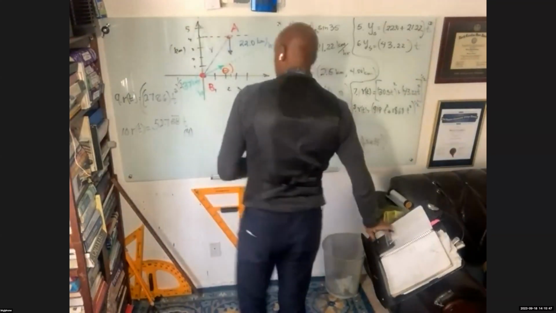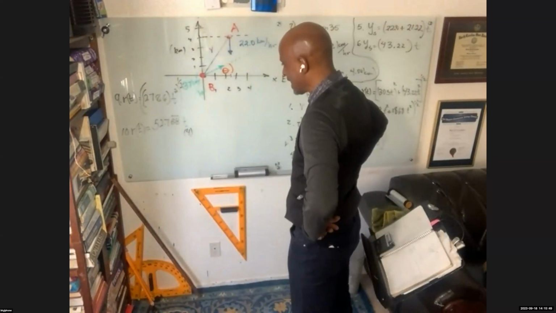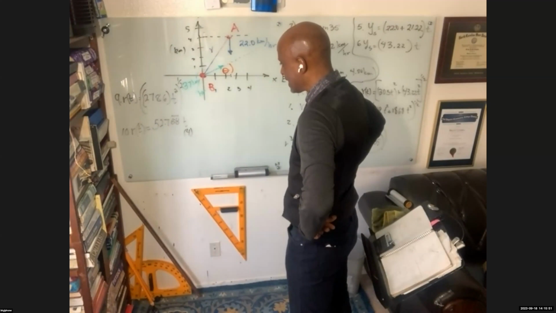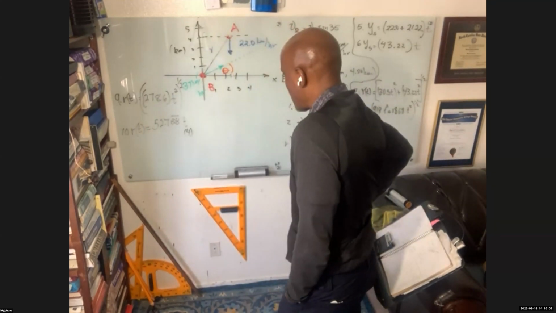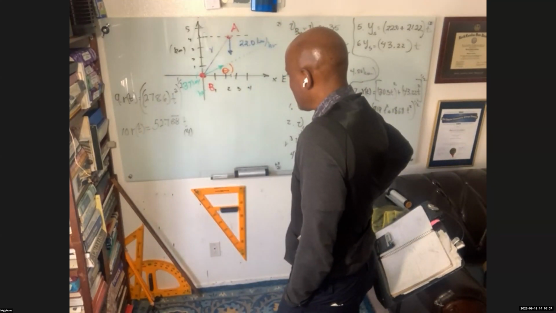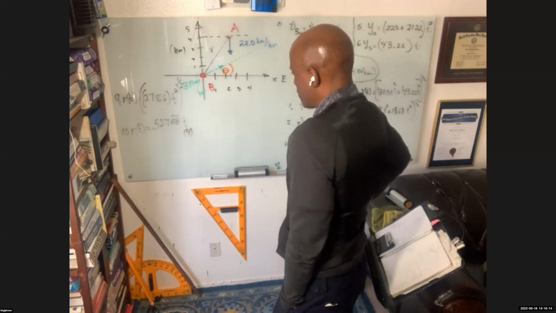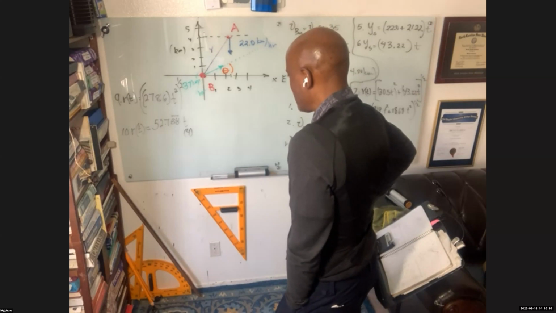Now, the thing is, I can see that if I take the derivative of that and set it to zero, so minimizing that function, the derivative of that thing is just going to be a constant.